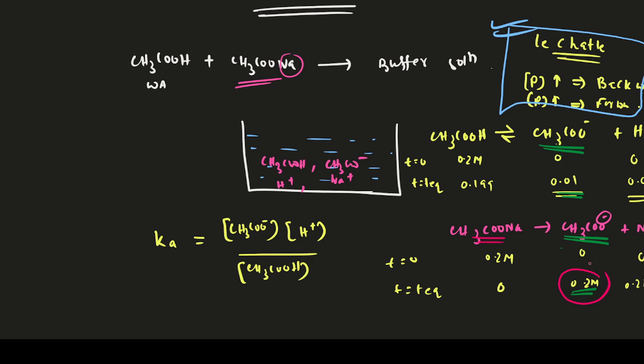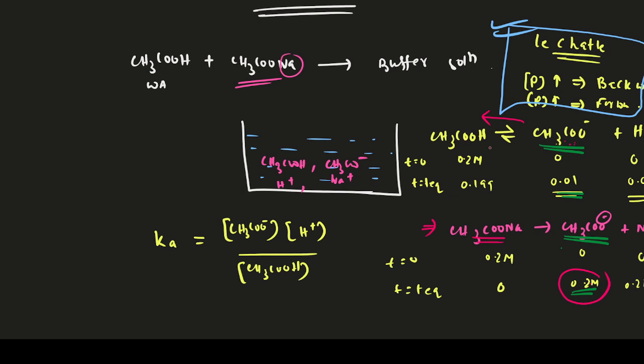If the concentration of reactants increases, then the forward shift will occur, and if the concentration of product increases, then the backward shift occurs. So CH3COO minus increases in the solution due to the strong electrolyte, because it completely dissociates. So this value is increasing in the solution, which means the backward shift occurs.